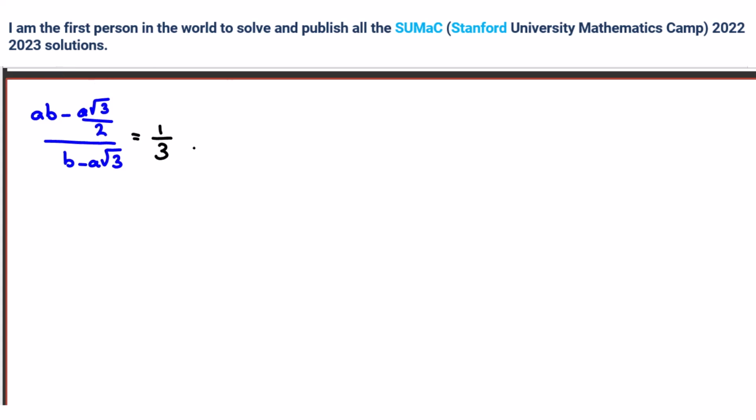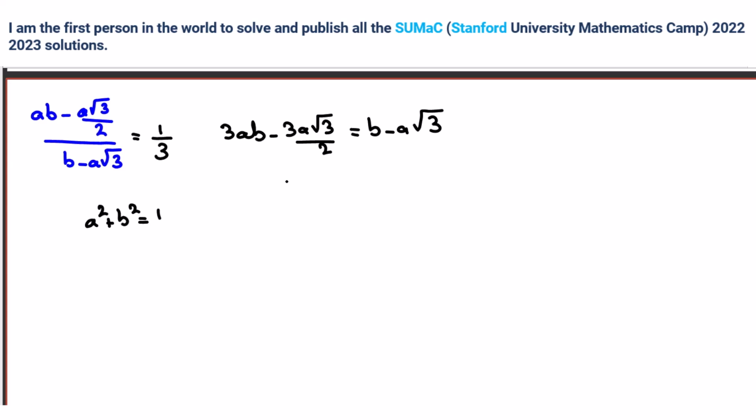Let's solve it. Here, if we cross multiply, 3ab minus 3a root 3 over 2 is equal to b minus a root 3, right? You know, a and b are related to each other: a squared plus b squared is 1.